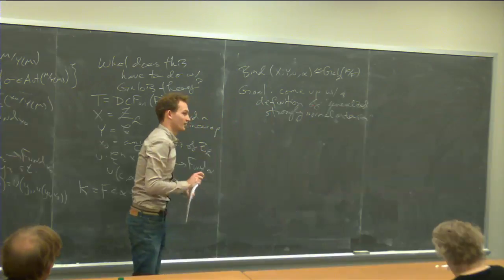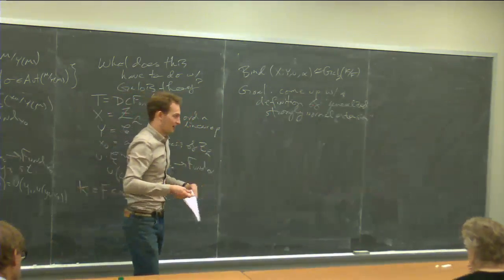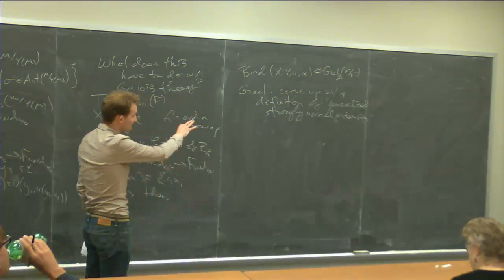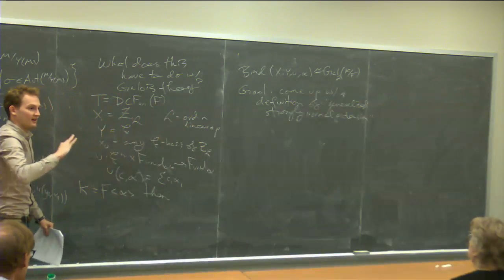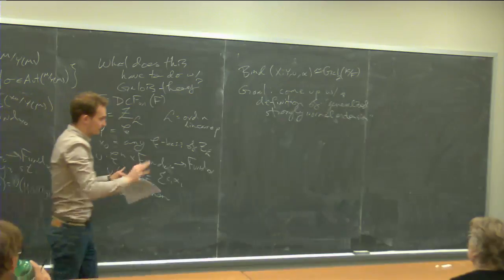And moreover, we're going to have a Galois correspondence and other nice properties. And we'll be able to characterize precisely what these generalized strongly normal extensions are, at least in the ordinary case. So that's a roadmap.